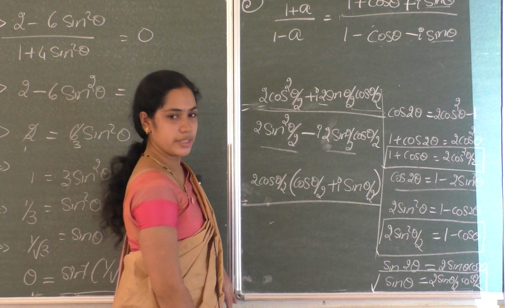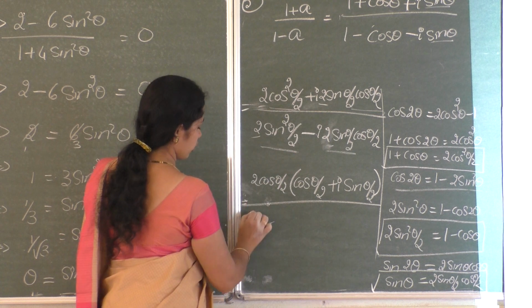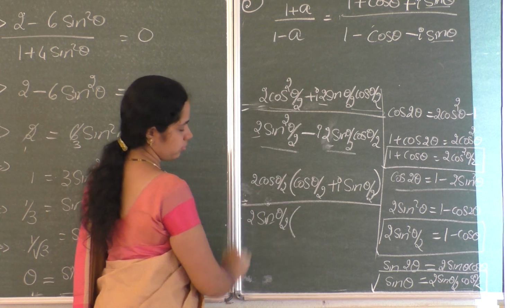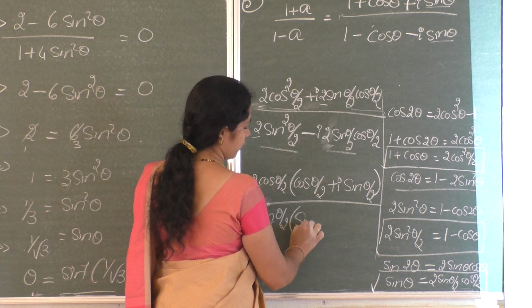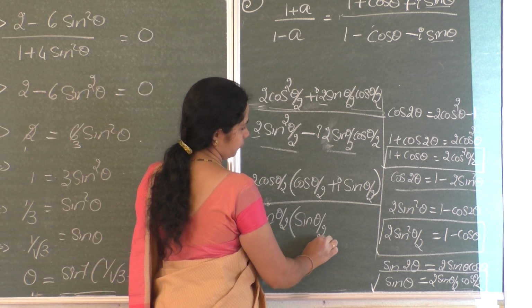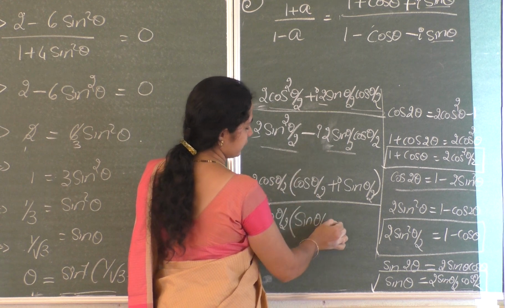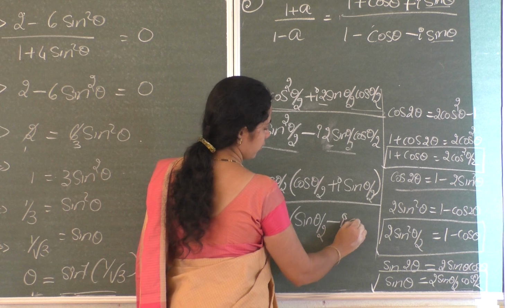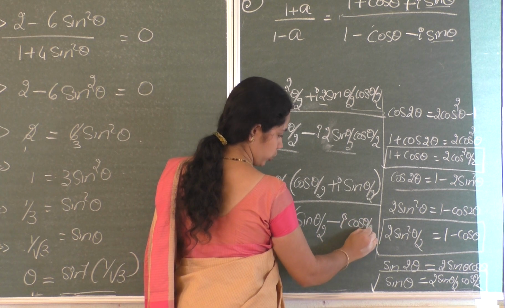Here we have sin theta by 2. 2 is also common, take it outside, 2 sin theta by 2. What is remaining? Sin theta by 2 minus I into cos theta by 2.